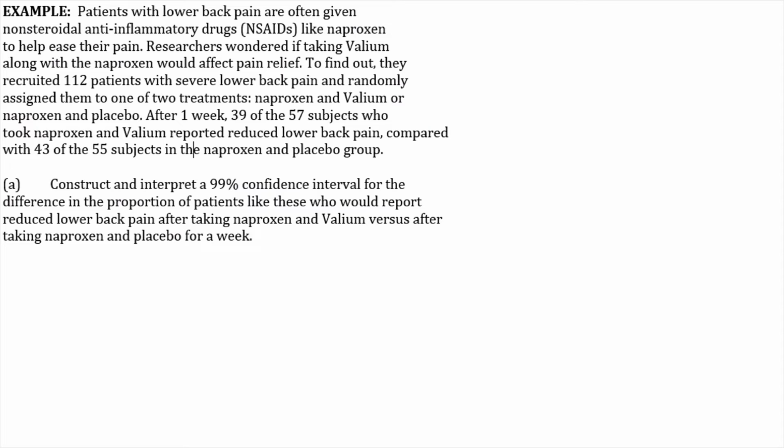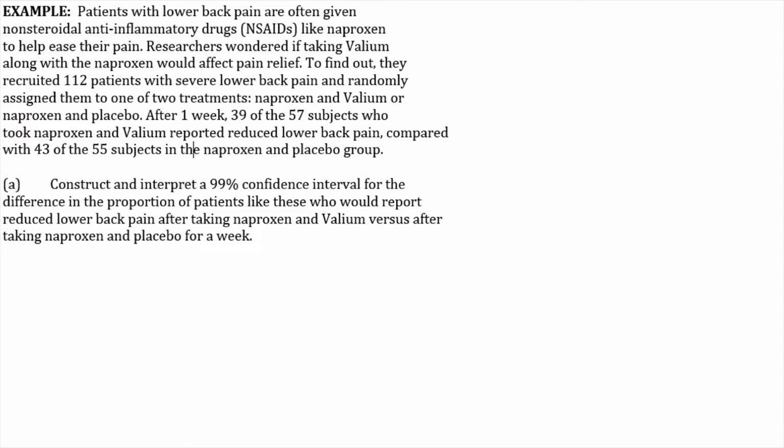Okay. To find out, they recruited 112 patients with severe lower back pain and randomly assigned them to one of the treatment groups. Group A, or group number 1, got naproxen and Valium. They got both. The next group got naproxen and placebo, so just naproxen.